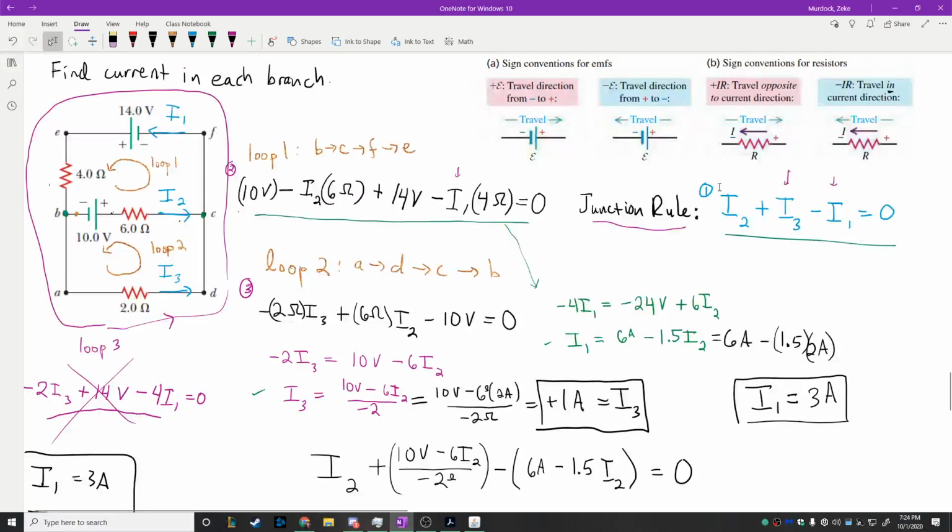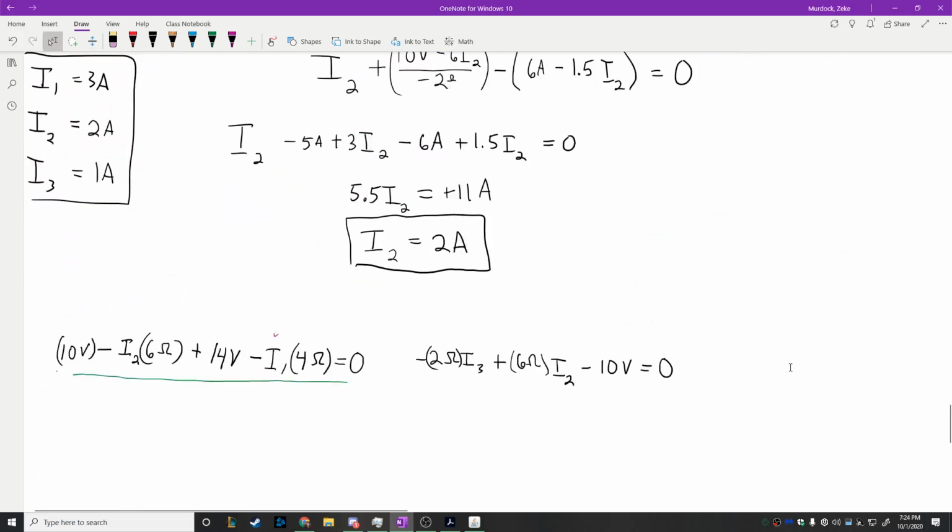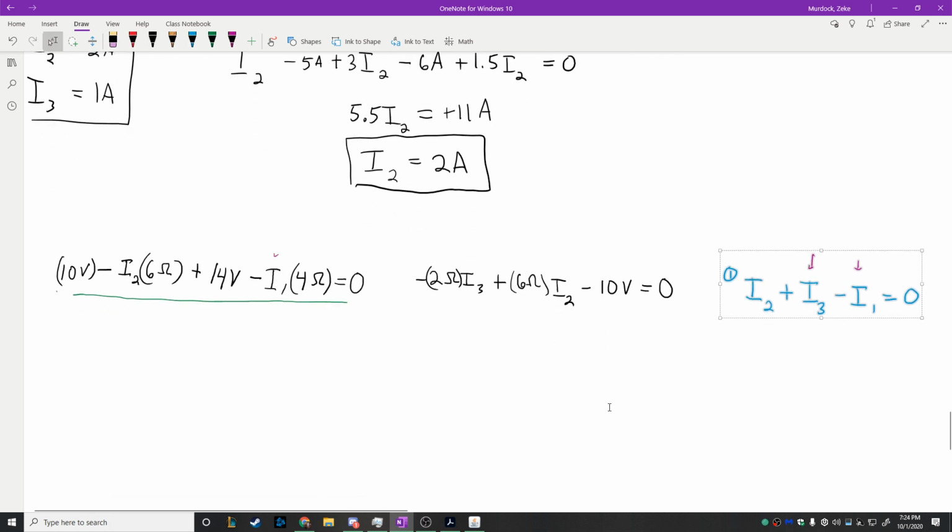And this is another equation. Each one of these we're going to rewrite in a slightly different form. For all of them, we're going to put the voltages on the right-hand side of the equation, and organize them so that the I's appear in order.